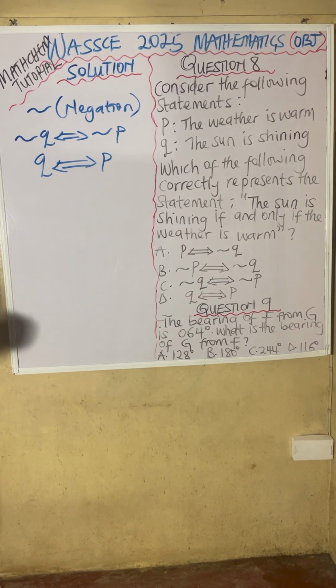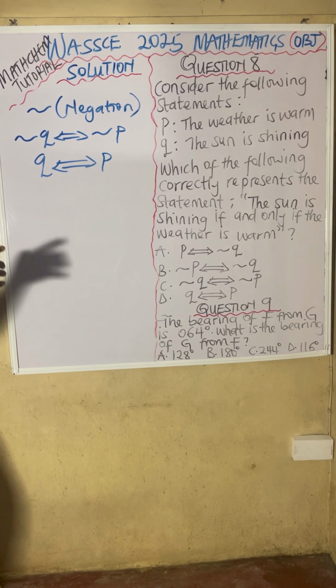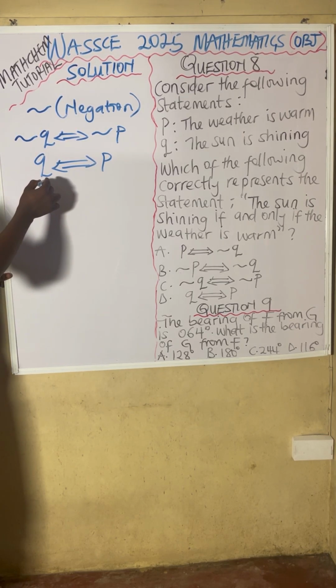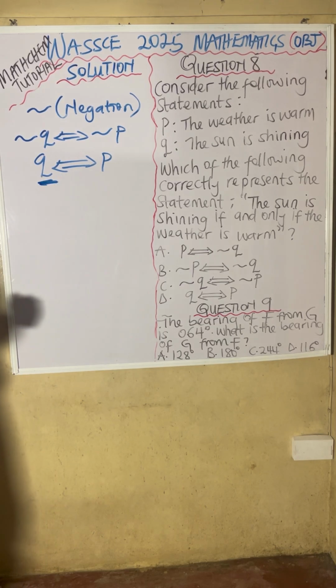Q implies P. Now that statement, the sun is shining, is for Q. As you can see, the sun is shining is for Q, if and only if the weather is warm.